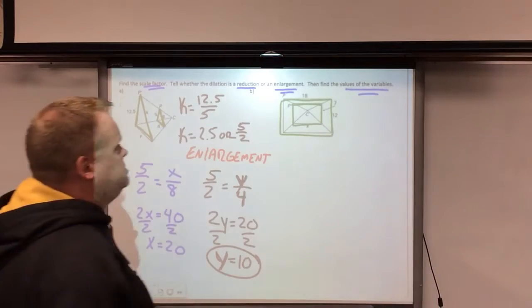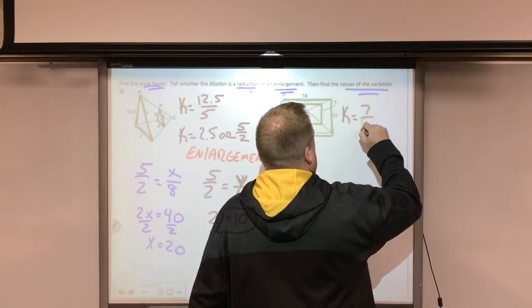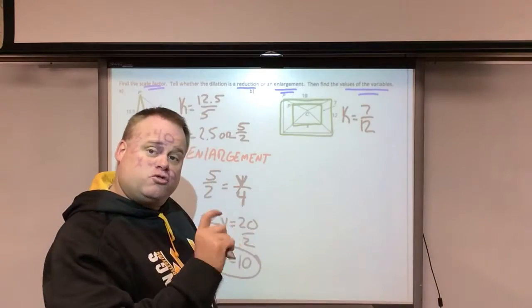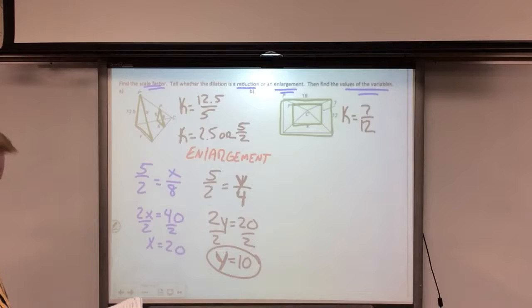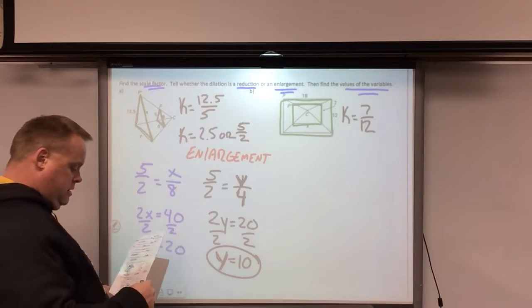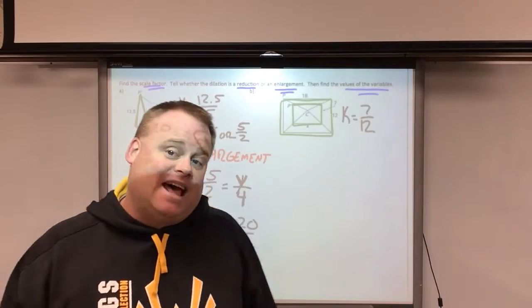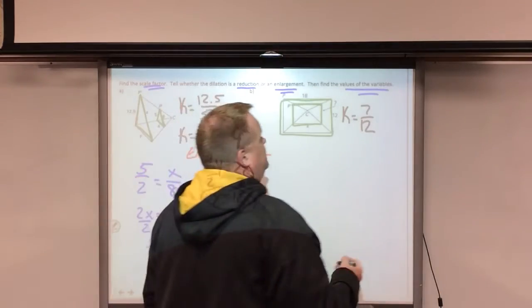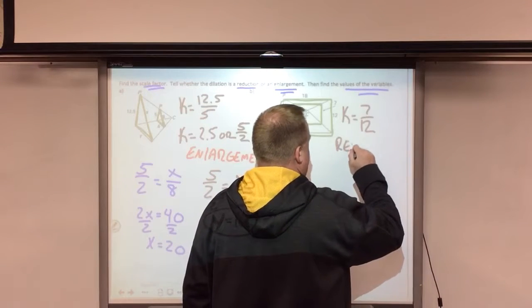I'm going to use k is equal to 7 over 12 because this 7 and this 12 correspond directly together. So that'll give me my scale factor. Is 7 over 12 larger than 1 or smaller than 1? Well, 7 over 12 is not greater than 1, so this is going to be a reduction.